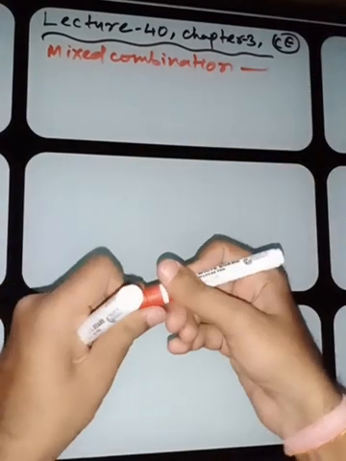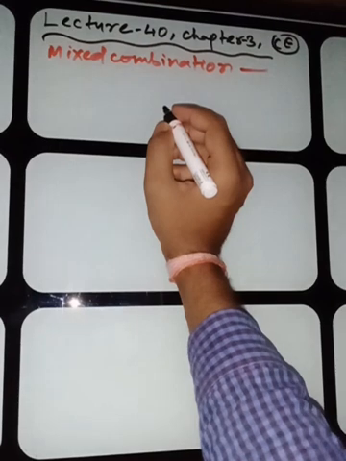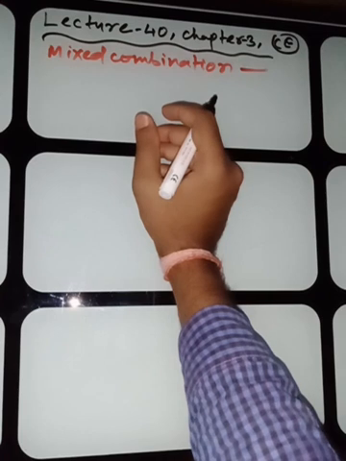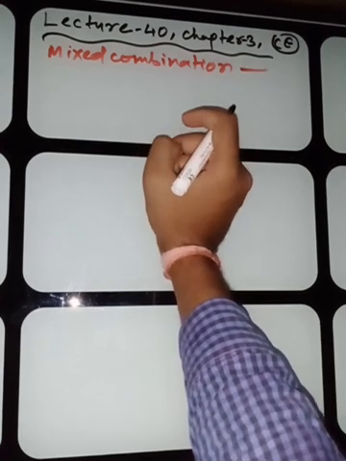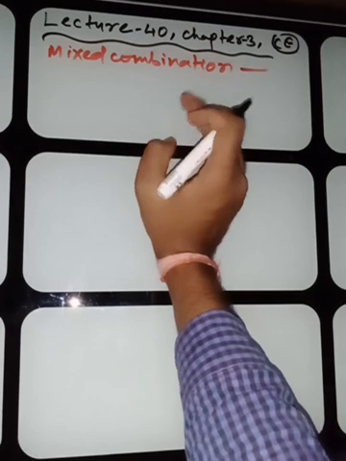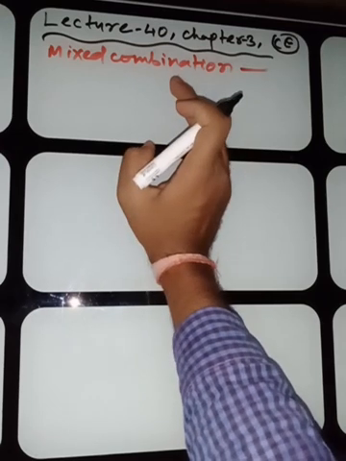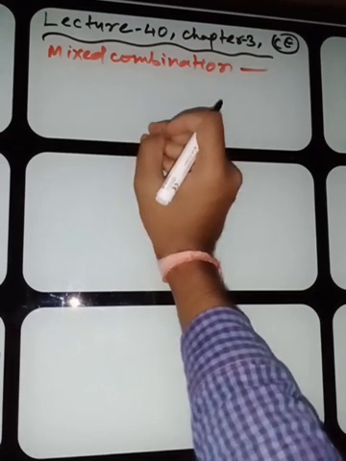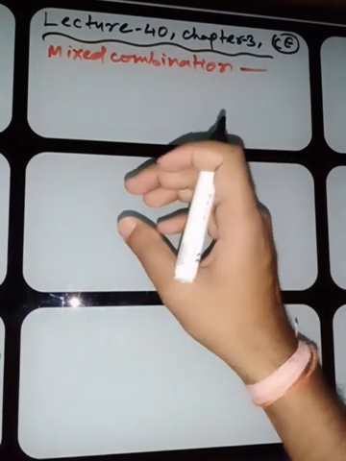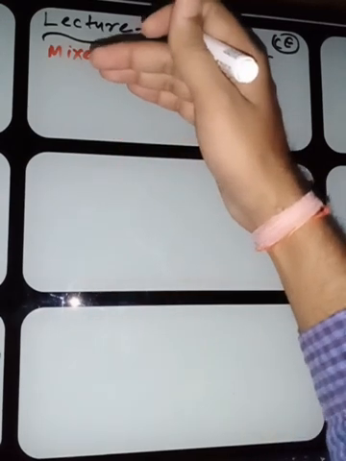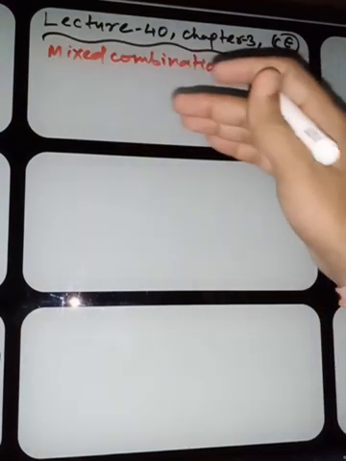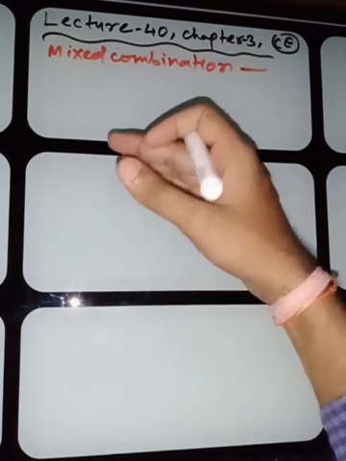Okay, my students, here in the mixed combination we will use n number of cells in series. Each cell will be identical, having EMF E and internal resistance r, and then we will arrange all the branches, each having n cells, in parallel with m branches.